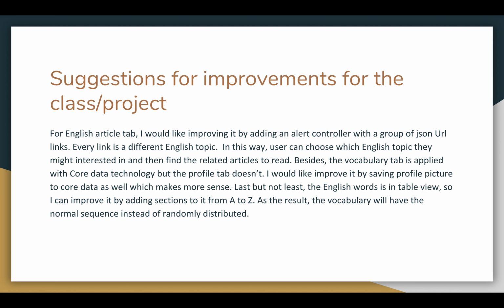Right now the vocabularies are all random, but I want to put apple first, and maybe the other English words later, so that A will be first and Z will be last. That way the vocabulary is easier for the user to see. This is better for them to learn English vocabulary.